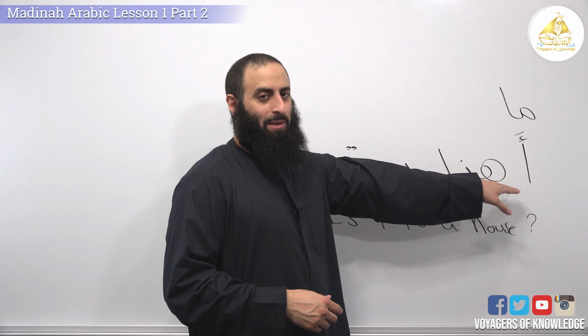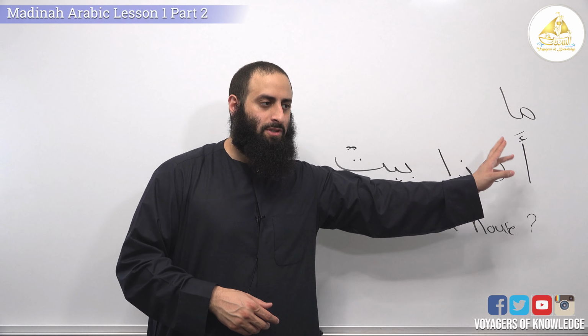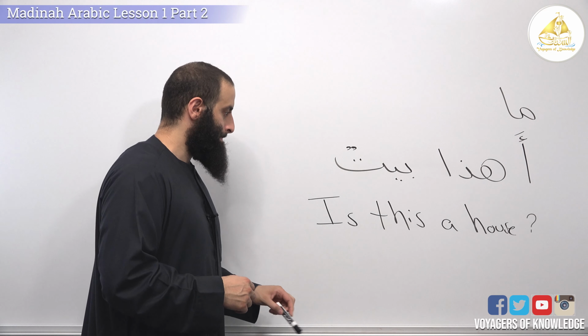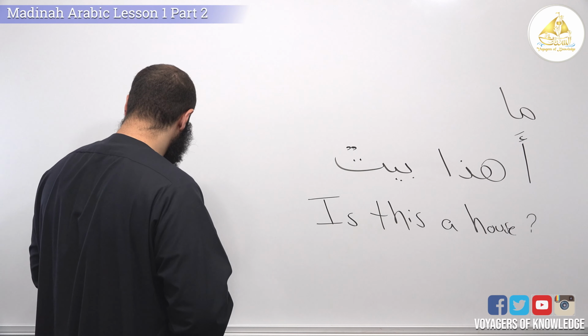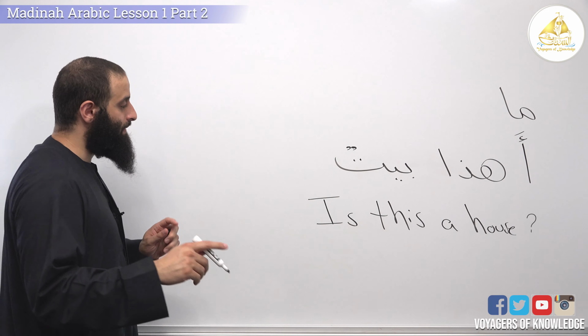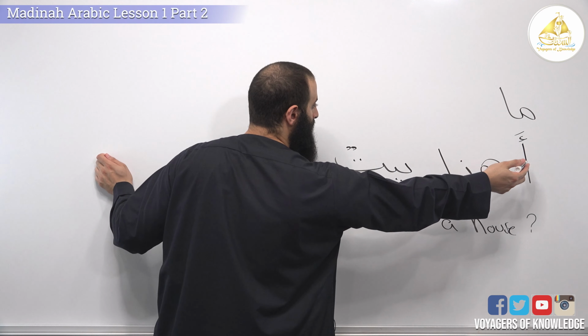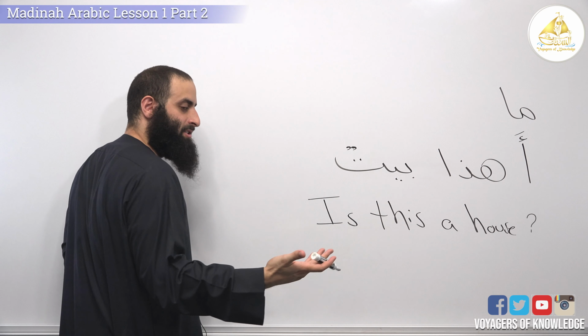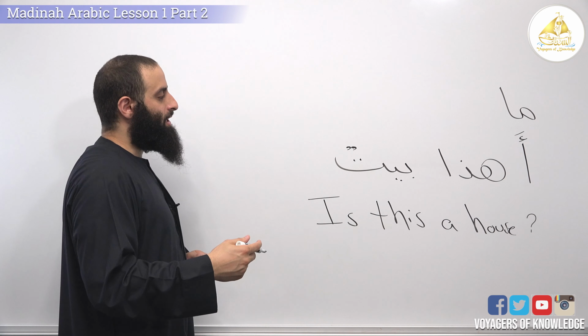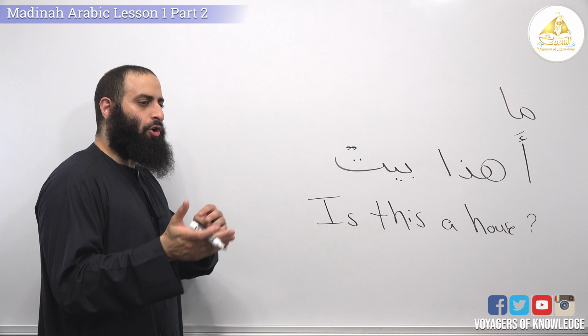When you speak to people, they will sometimes use this in a way you're not familiar with, right? This is going to be a little off topic, but I want you to get used to knowing that this is still being used until today. People don't say ahadha masjidun, but if they're asking you, are you going somewhere?